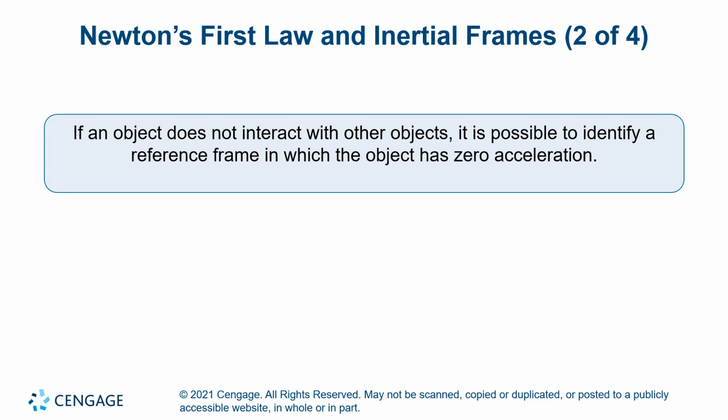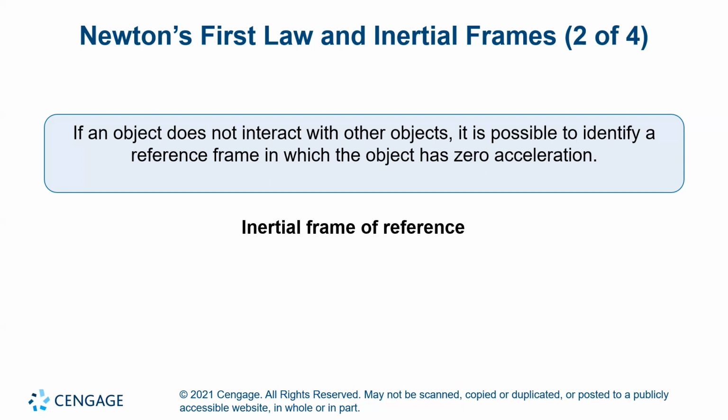A reference frame in which the object has zero acceleration is called an inertial reference frame. There are two kinds of inertial reference frame. One in which the observer is standing still, and another in which the observer is moving at constant velocity.